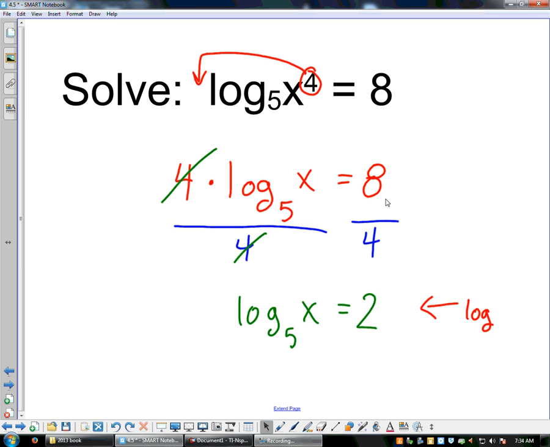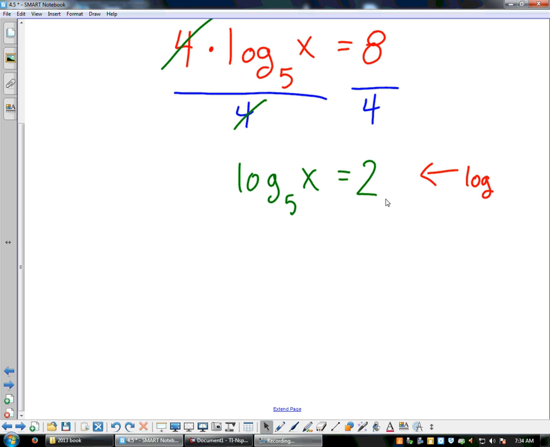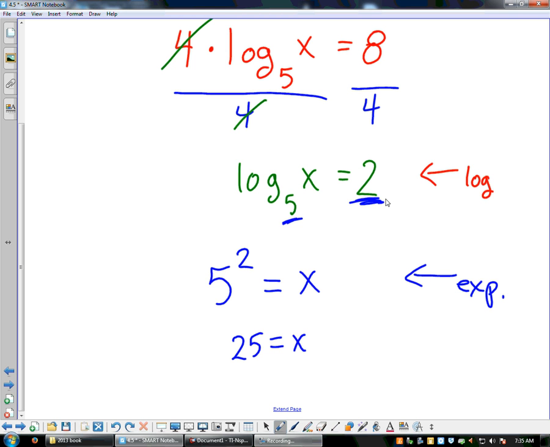That's still in log form, but it's cleaned up now, looks a little bit nicer. And now we can rewrite it in exponential form by writing 5 as our base, raised to the logarithm, which is our exponent. Logarithms are exponents. So 5 to the 2nd equals x. So it turns out that x equals 25 as our solution.